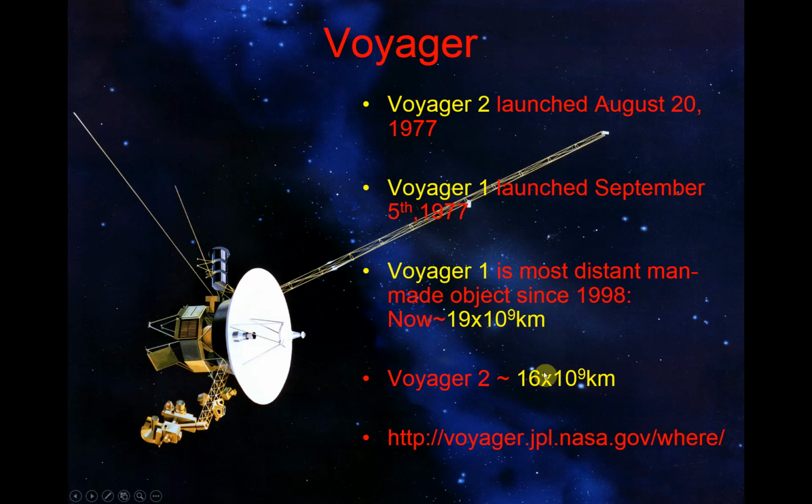These numbers are a little older now since I composed these slides, and if you want to see the true distances of these probes, please go to this link and you can see an update second by second telling you how fast these probes are going and their up-to-date distances. These probes are still communicating with us and are telling us a lot about the edge of the solar system.